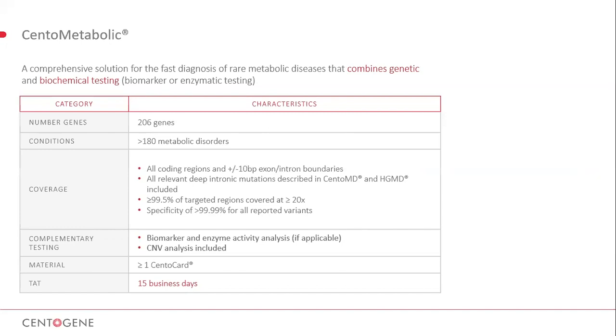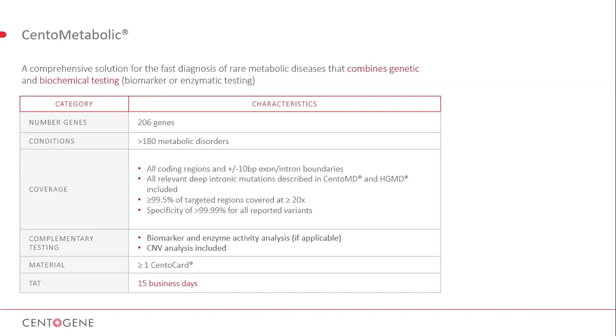One is CentoMetabolic, which combines genetic and biochemical testing. This is based on next generation sequencing of 206 genes, including all the coding regions and the intron-exon boundaries, and also those already described intronic mutations relevant for a disorder.